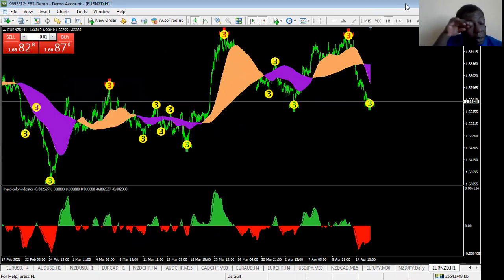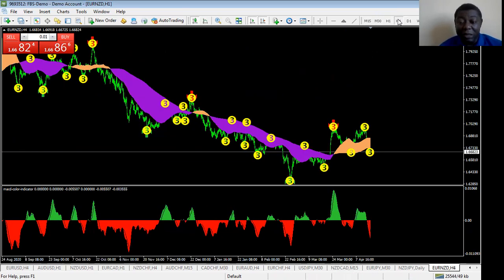Okay, so let's go. I'm going to look for a retracement that matches with our color. Here, there is a retracement, but you see the upward color is brown, and here the market retraces to go down. So we can't take this kind of trade. So we're going to go here. The upward color is brown and the downward color is purple.